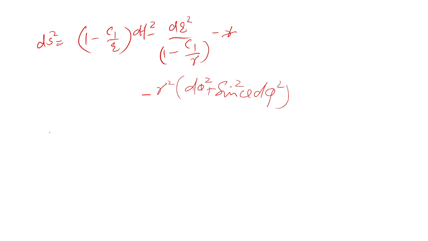This is the Schwarzschild metric, but this c1 is a parameter, so usually we put c1 to be 2m, where m is the mass of the black hole.